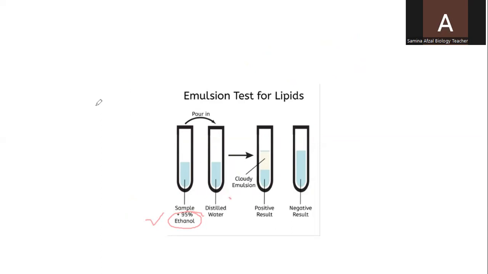Then we will add distilled water to see whether there is formation of an emulsion or a cloudy appearance. If lipids or fats are present in the sample, there will be a cloudy emulsion.